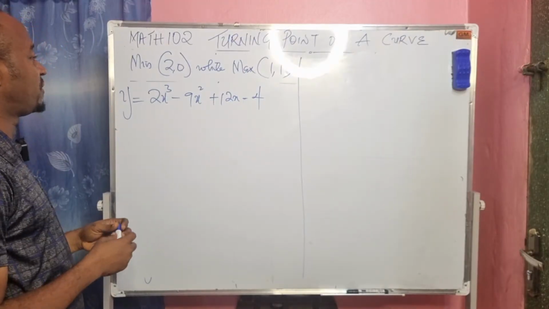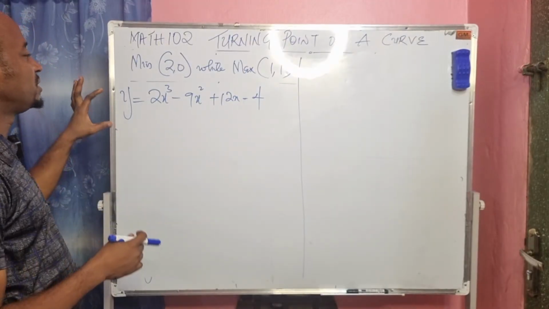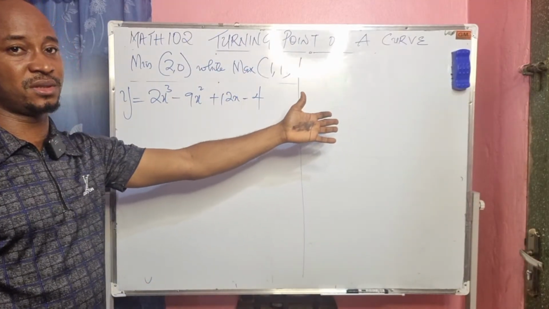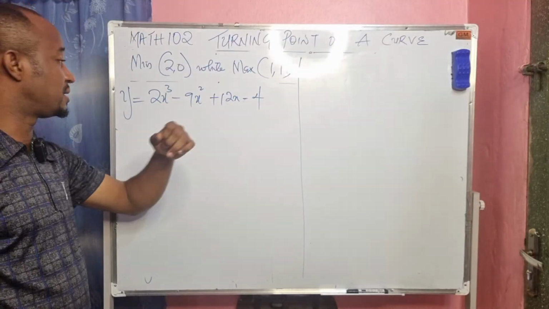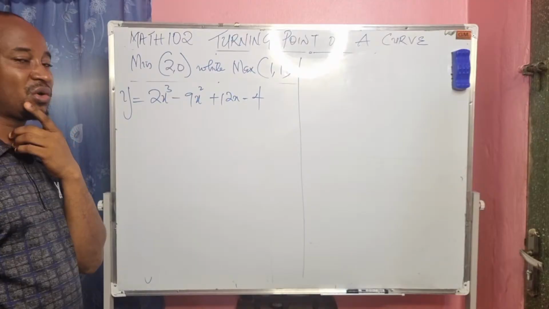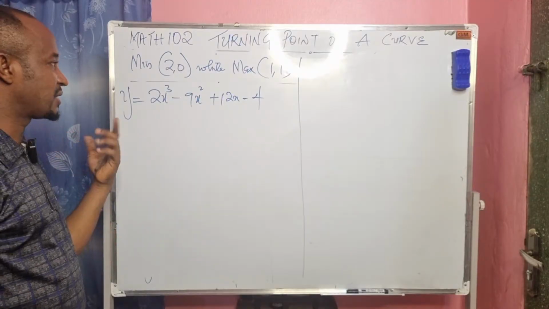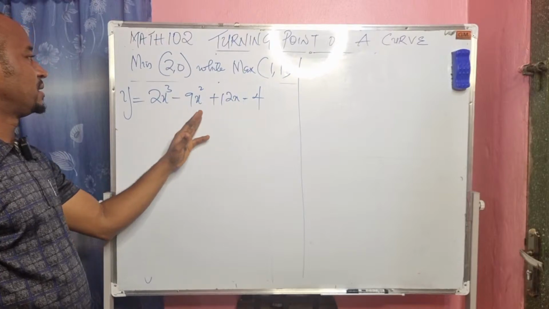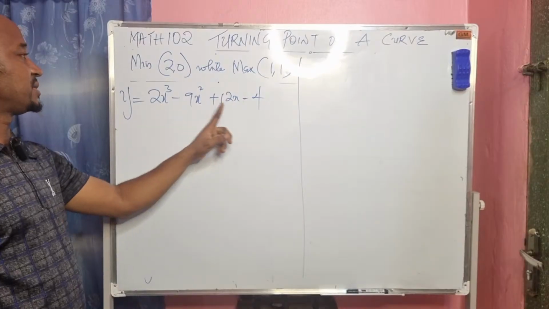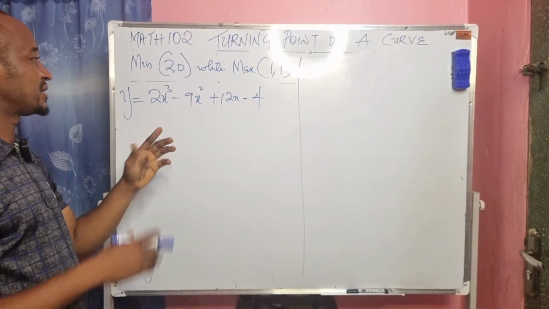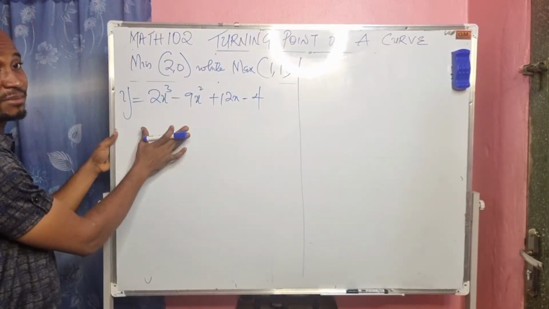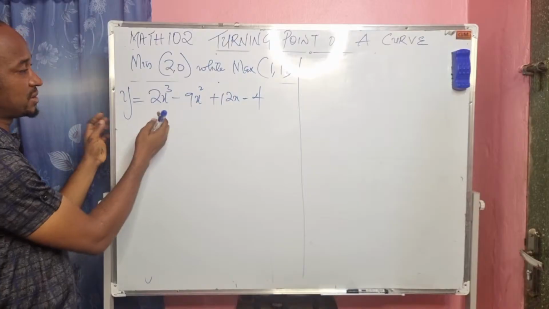So let's see how we can sketch the curve for this function. Before we can sketch the curve for this function, we have to find the root of this function, like we did in the other function. There's a theorem called the factor theorem. If you look at this, there's practically no way I can factorize this because each of these terms has different coefficients, and there are no like terms or no like factors between these.